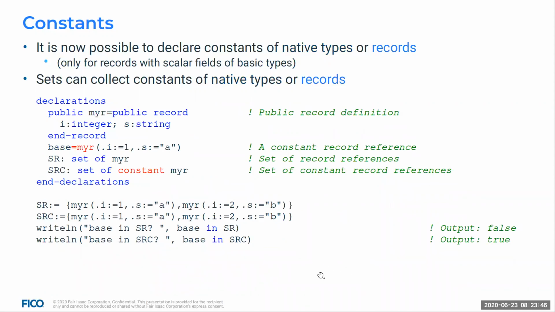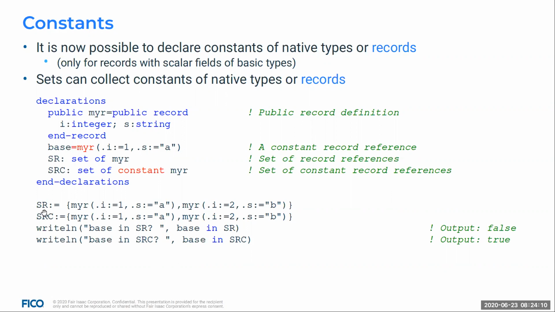I can do the same thing with records, but only records of basic types, so scalar types: integer, string, real, and boolean. So no structured types and no external types here. Then I can have constants by immediately assigning the record fields here, or I can have a set of such constant records. Here I'm creating some constants.